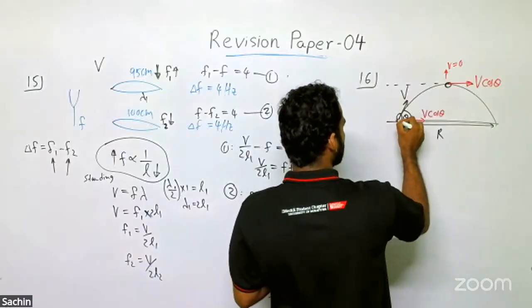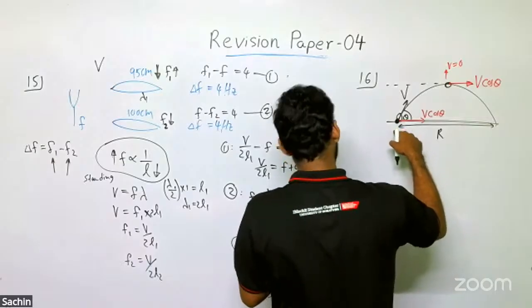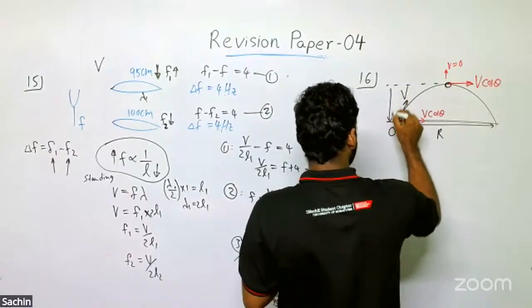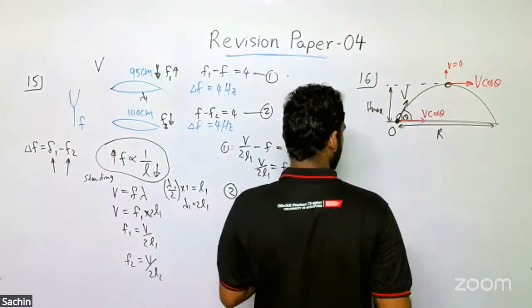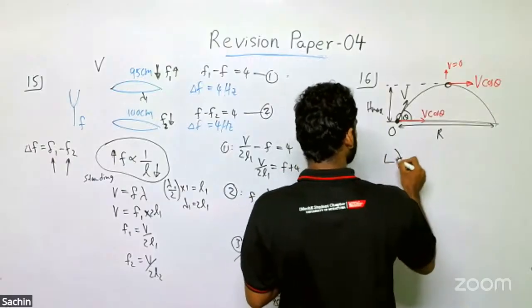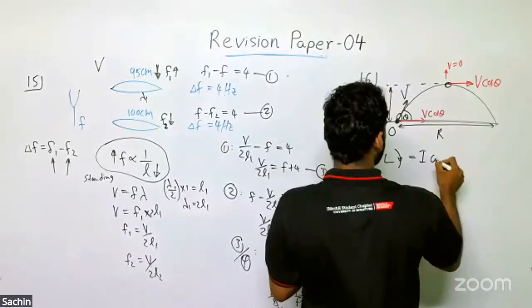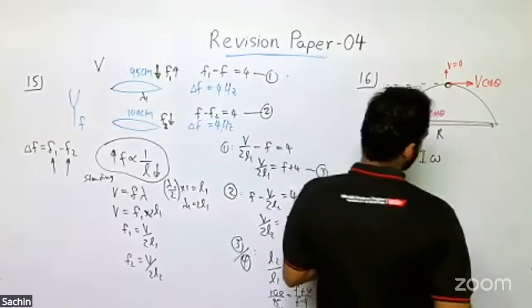So they are asking to calculate the angular momentum about the axis drawn from the point of projection, that is this point. If it is O, if I take the maximum height h max, I can find the angular momentum. How? Angular momentum is I omega, right? Moment of inertia times omega.